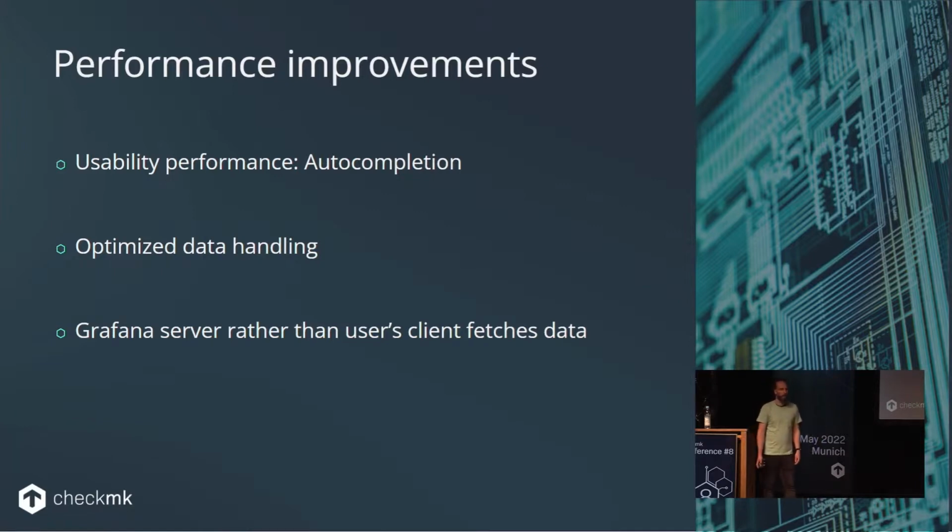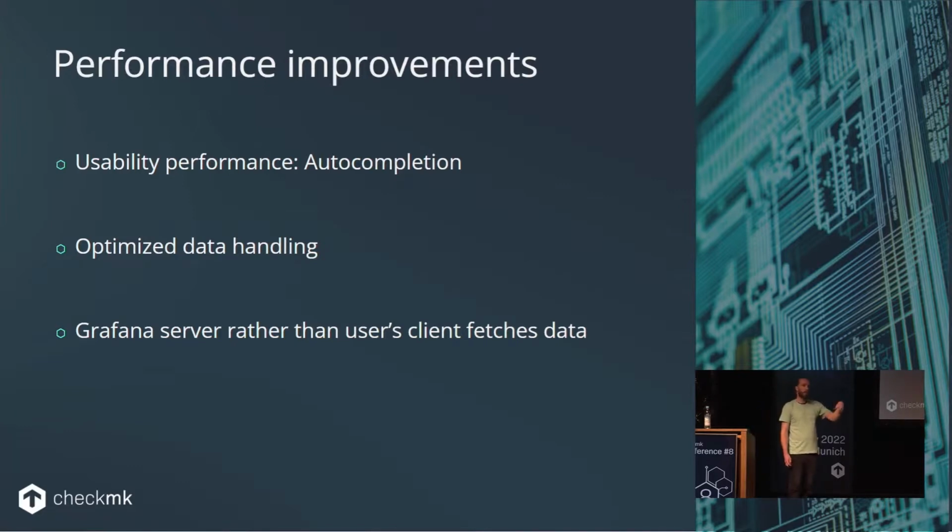The second thing, and this leads me to my next slide in a second, is that in the old connector, the connection to the Checkmk server was actually made from the client. So the client is your browser on your machine, on your laptop, on your desktop, or anywhere else. And this led to you needing to make two connections, one to the Grafana server and one to the Checkmk server.